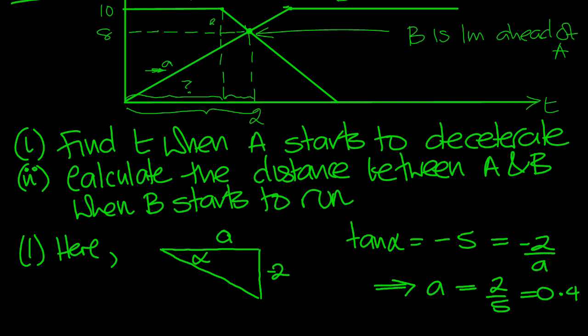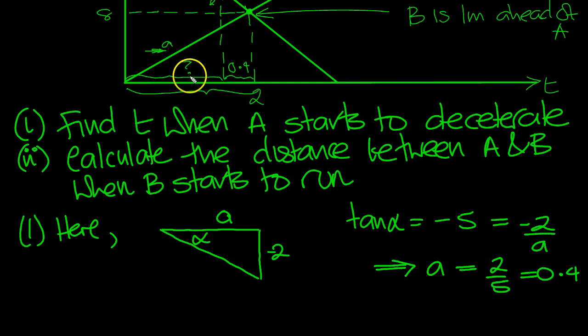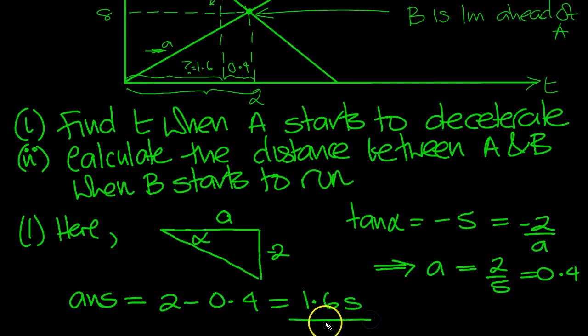So this distance in here is 0.4. The time will be the difference between 2 and 0.4, which equals 1.6. So the answer is 2 minus 0.4, which equals 1.6 seconds. That's part 1, the time when A starts to decelerate.